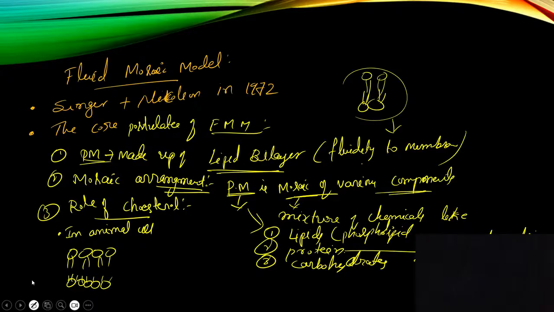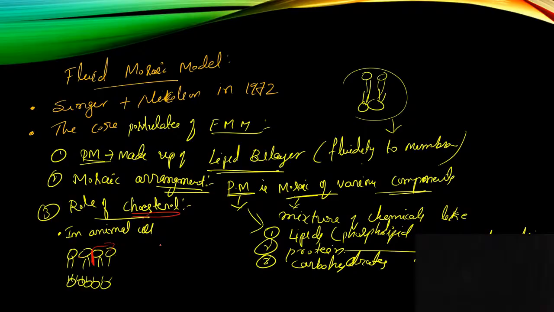Now let me take another color. According to Singer and Nicolson, the cholesterol molecule is stuck between the phospholipid molecules, and it acts as a fluidity buffer, preventing the membrane from becoming too fluid at high temperature or too rigid at low temperatures.